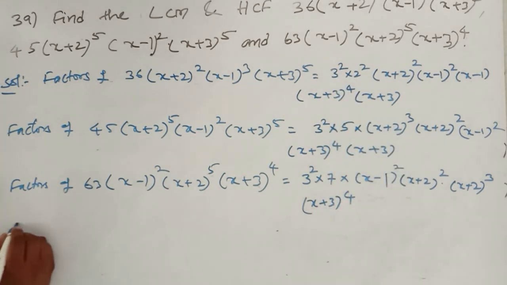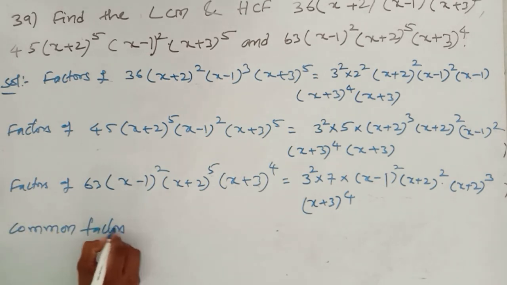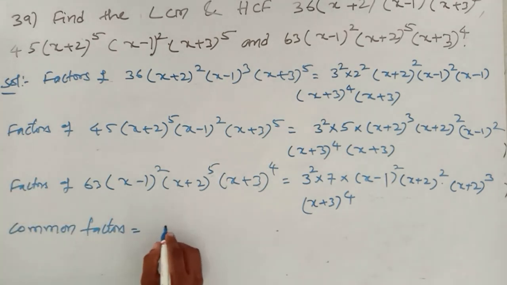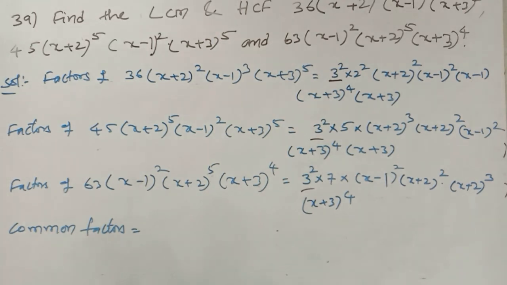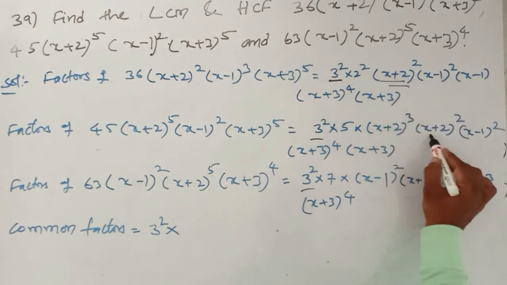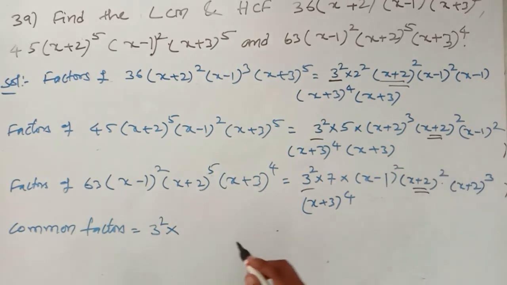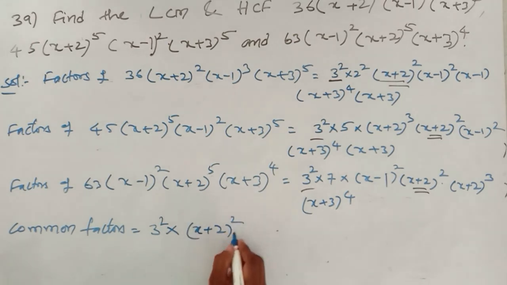Now I am taking common factors. That is, common factors in all the cases is 3 square, 3 square, 3 square. So 3 square into (x+2)^2 here, and (x+2)^2 and (x+2)^2. So I am writing (x+2)^2.